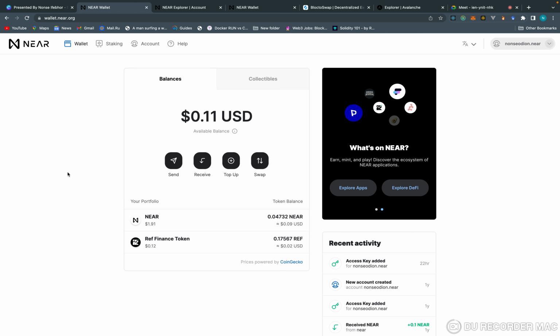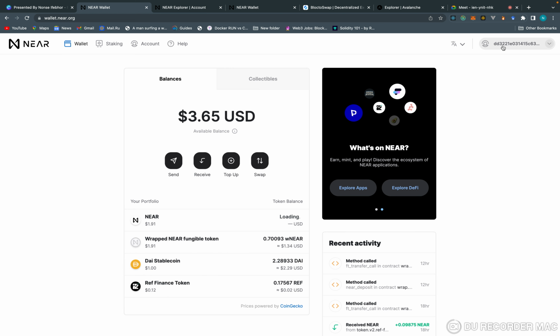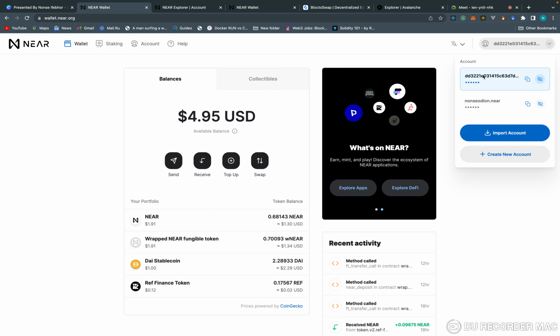Do you guys understand that? Ethereum will only understand if you say, send a transaction to this address. It doesn't understand ENS names, but it understands addresses. But NEAR understands names that end with .near, and these kinds of accounts are called named accounts. The other accounts, like this one here, which has an address, are called implicit accounts.